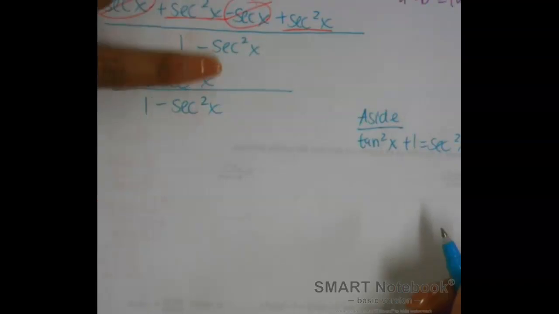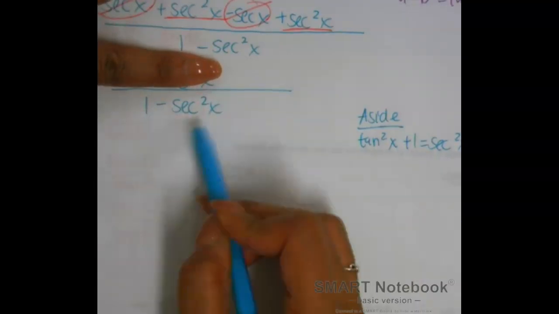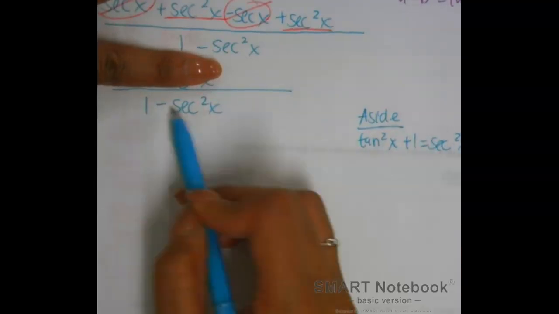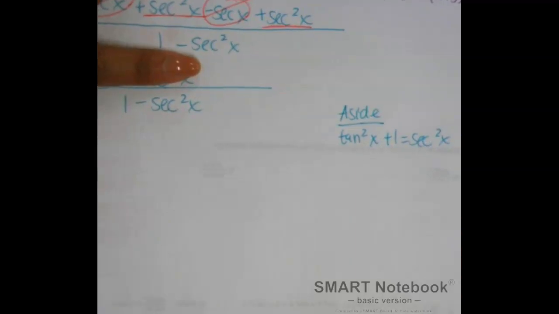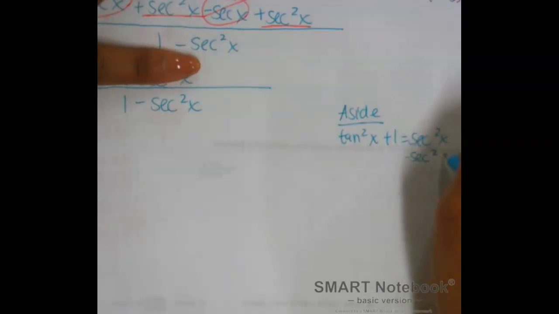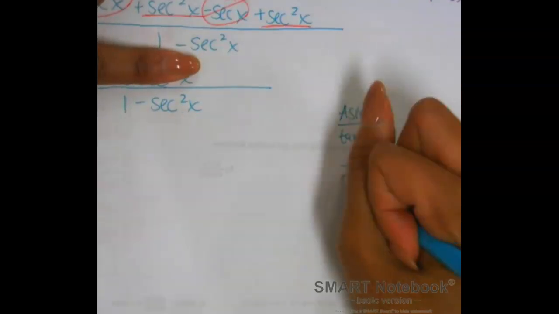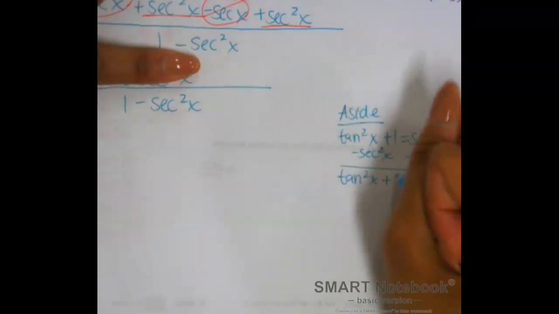Ignore the numerator, how can I make this equation look like your denominator? So subtract secant squared x. So we have tangent squared x plus 1 minus secant squared x, and this is all equal to 0.